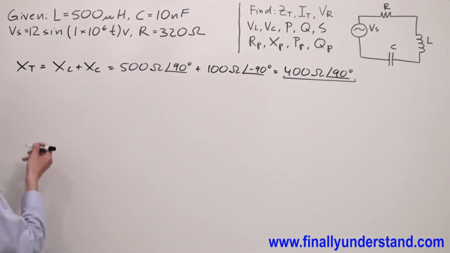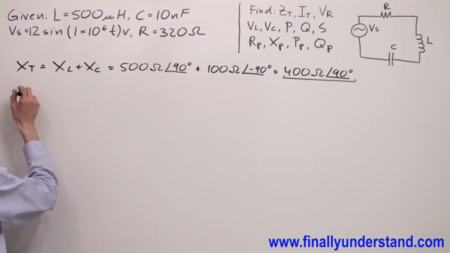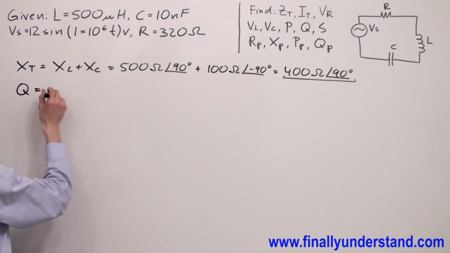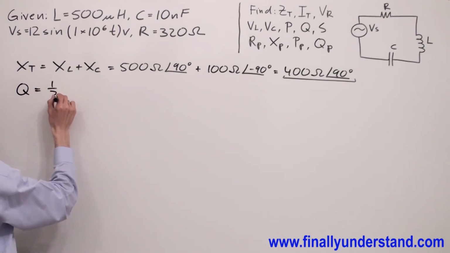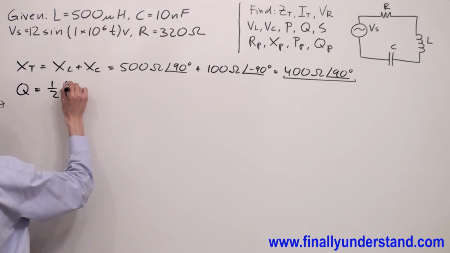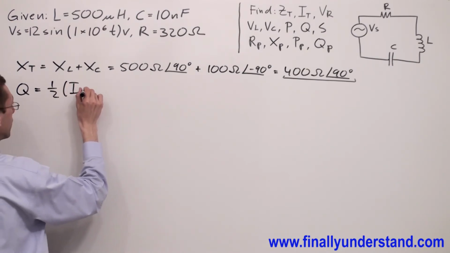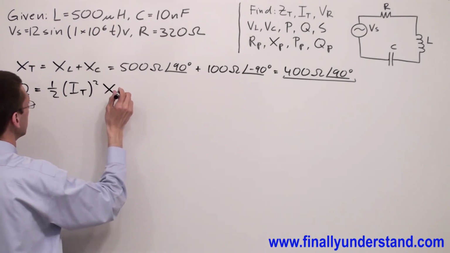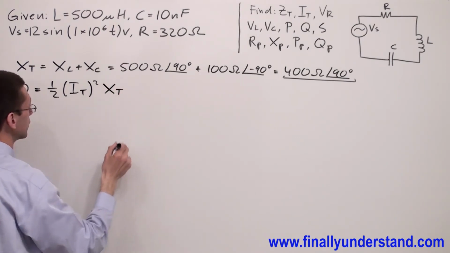Next, I'm supposed to just use the formula for reactive power, which is 1/2 I total raised to the second power times the total reactance.